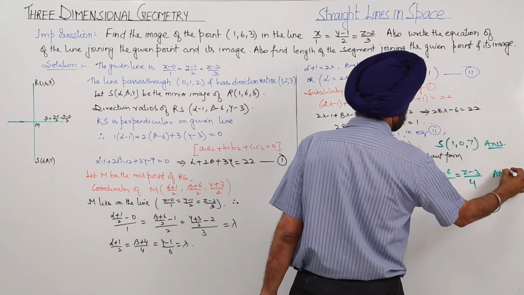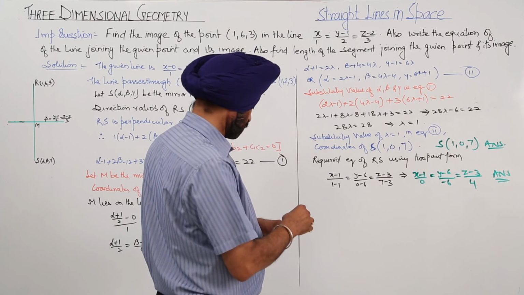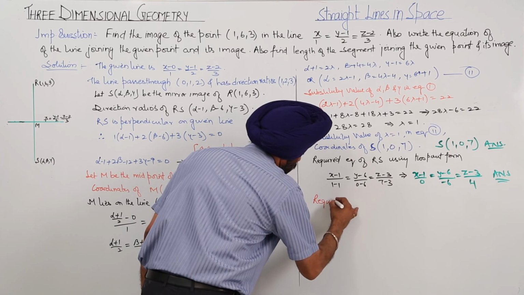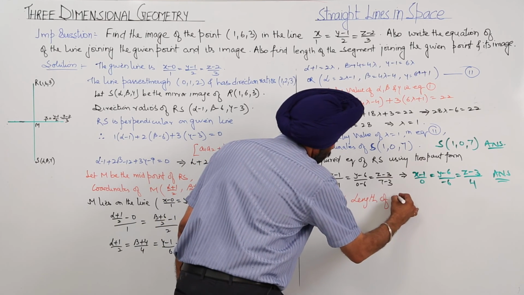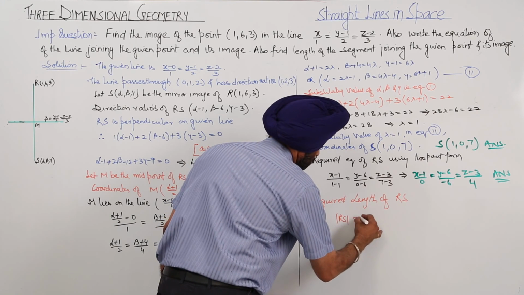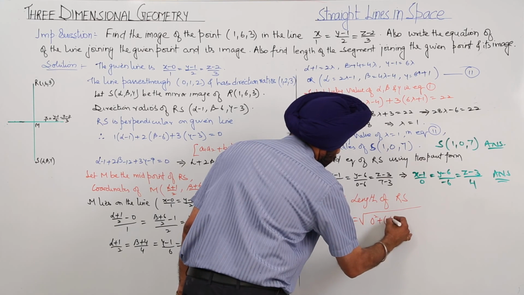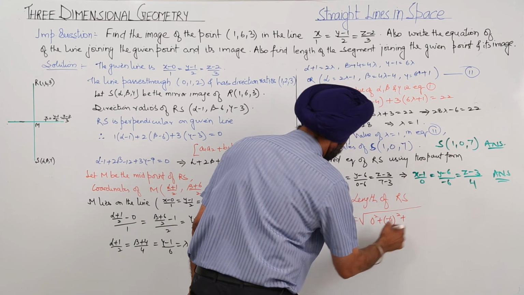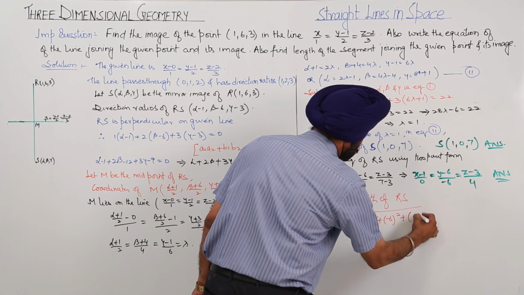One of the answers. Second of the answers: the required length of RS, that is the square root of 0 square plus minus 6 square plus 4 square.